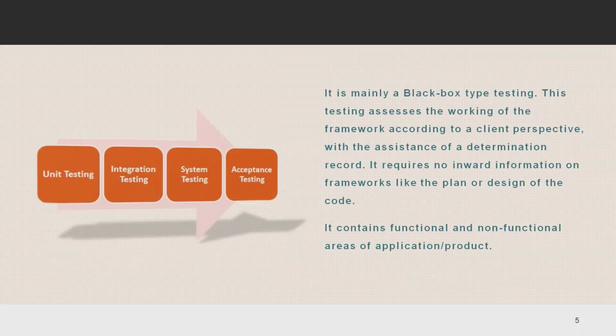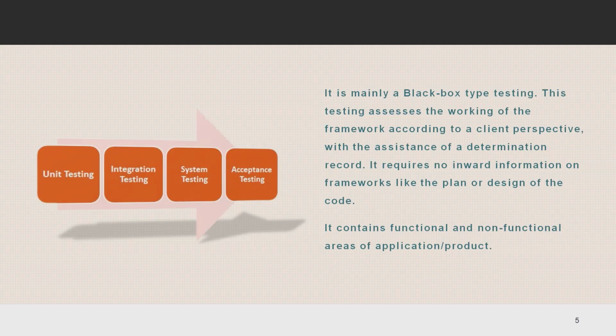First is unit testing, where we are verifying each set of code, the functionality, the variables, and the logic of the code. After that, we are verifying integration testing, then system testing, and finally acceptance testing, which is the complete flow of performance.